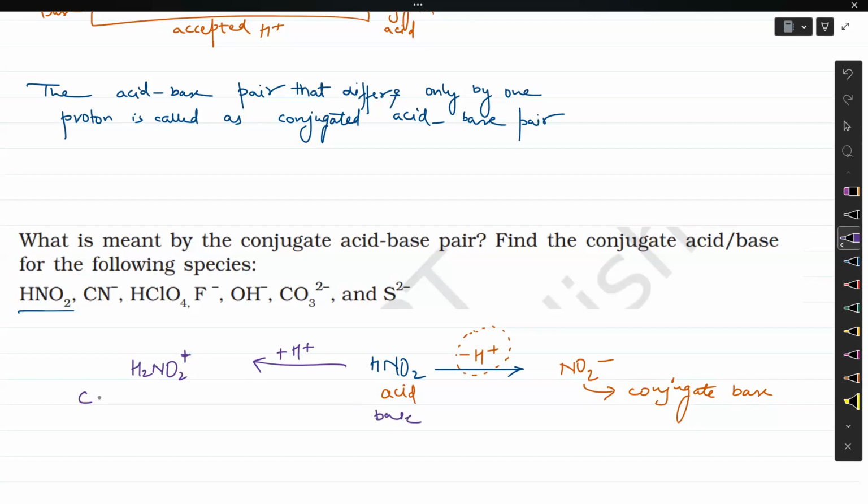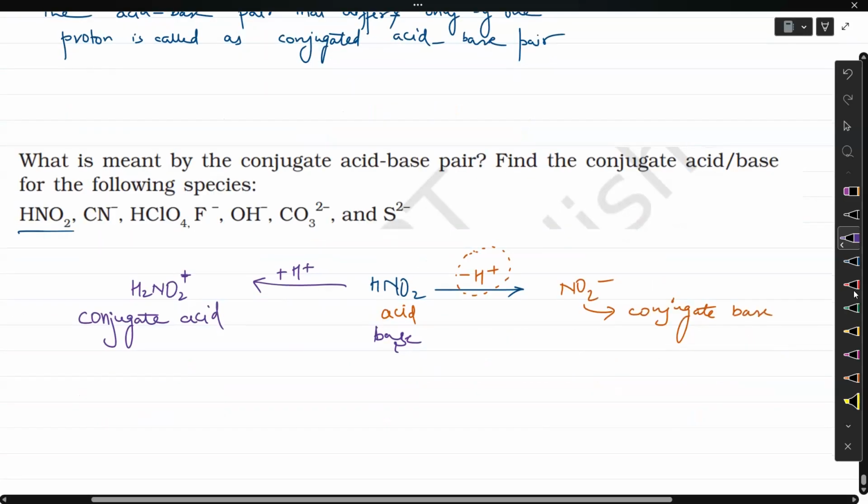Conjugate acid. Why? Because HNO2 is acting as a base. If we add H plus to something, it is acting as a base. So its pair will be the conjugate acid, right?